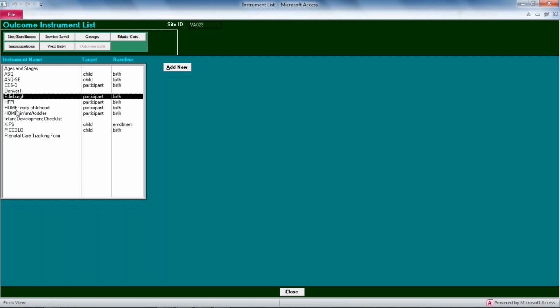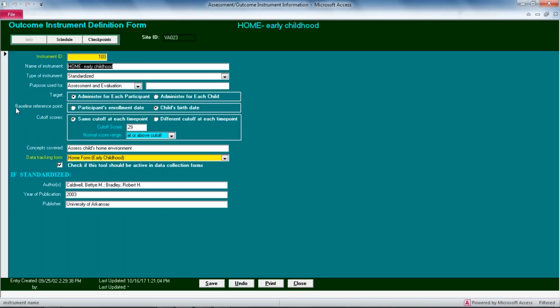For example, in the home, early childhood, you have the description of the home instrument, and on that there is now a box that says cutoff scores. Some instruments use the same cutoff at each time point.